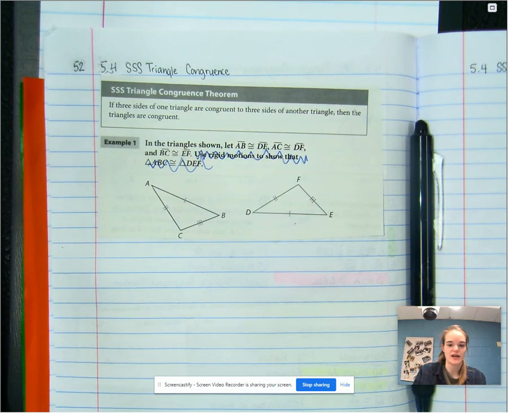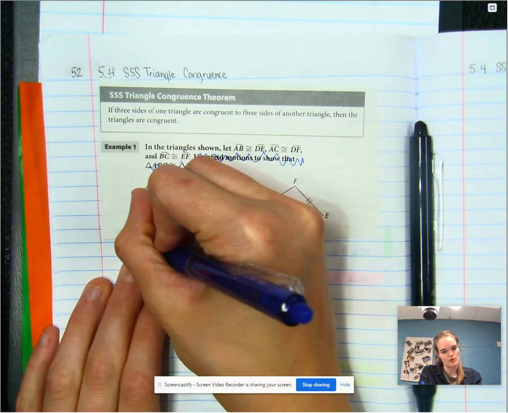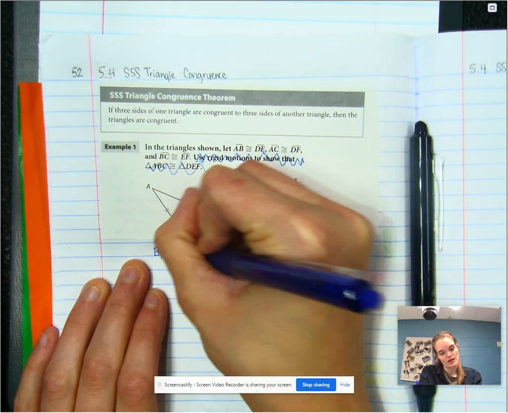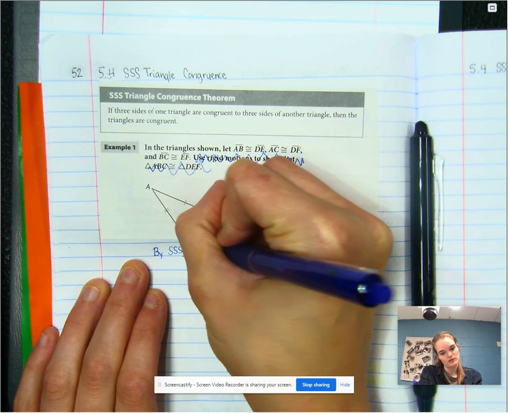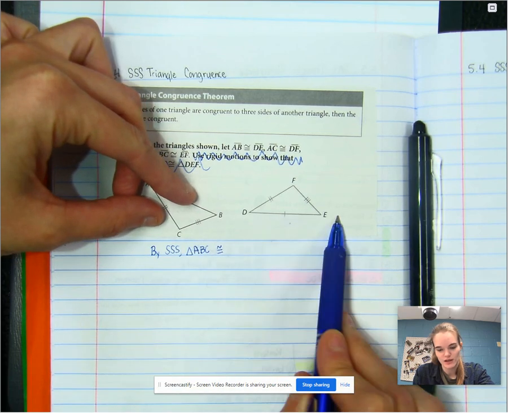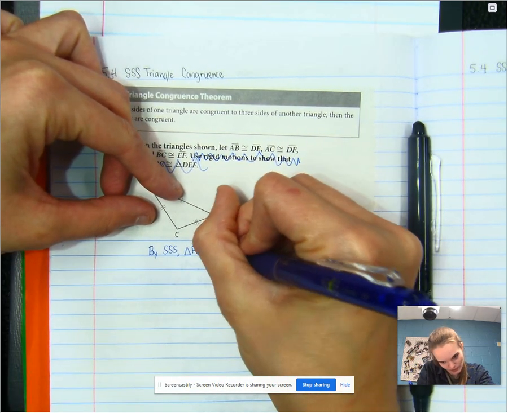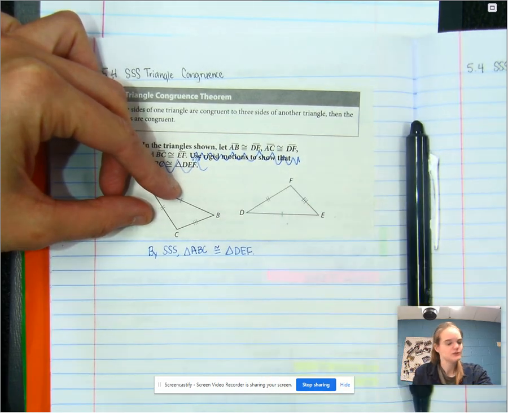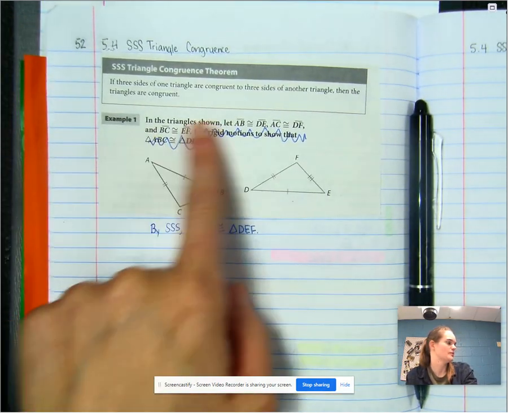They went ahead and just said all these sides are congruent, so therefore, by side, triangle ABC is congruent to triangle DEF. That one wasn't like yesterday's. That one's not bad, because it already tells us the 3 pieces that we need.